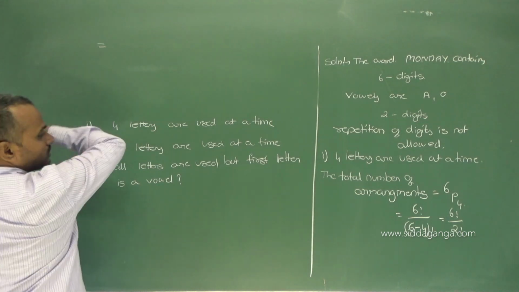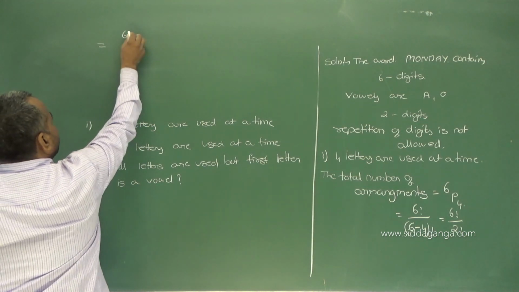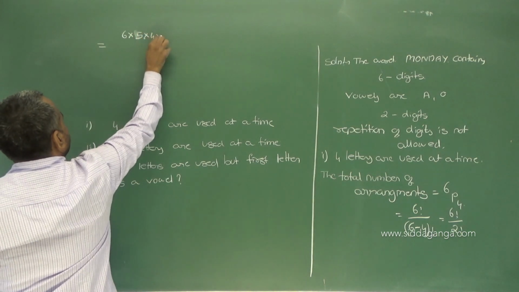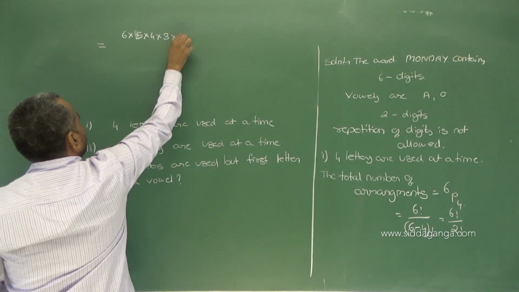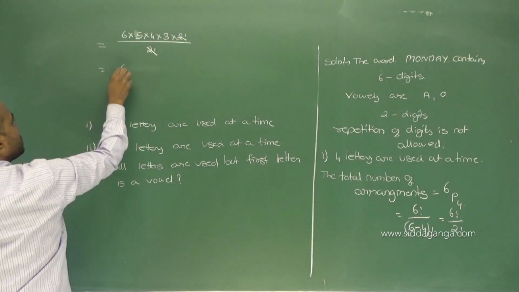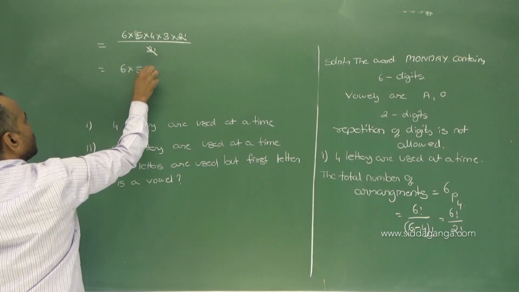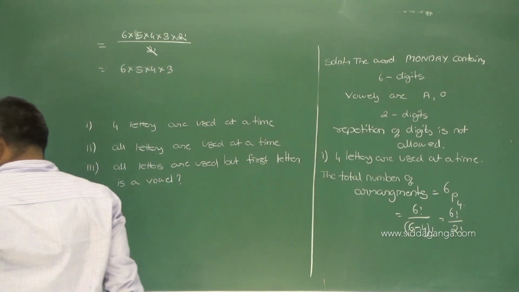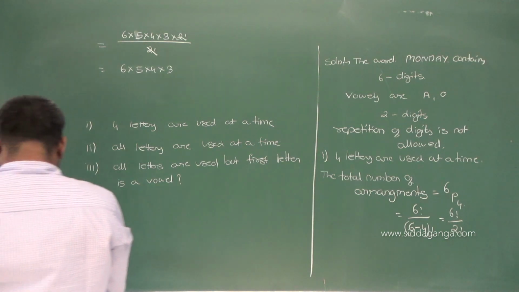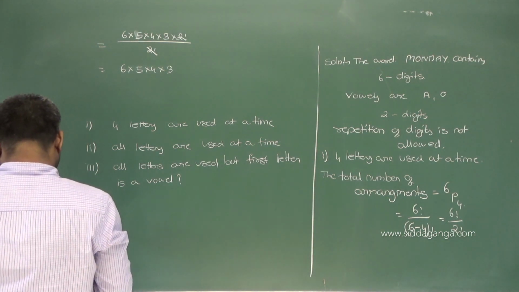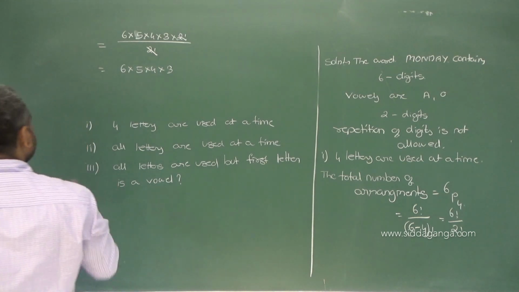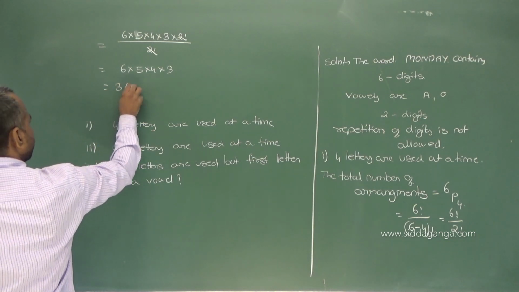That equals 6 into 5 into 4 into 3 into 2 factorial; 2 factorial cancels. 6, 5, 4, 3. Calculate. So the total answer is 360.